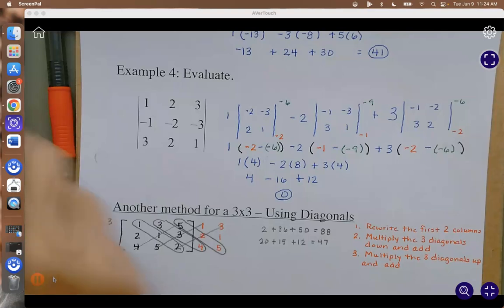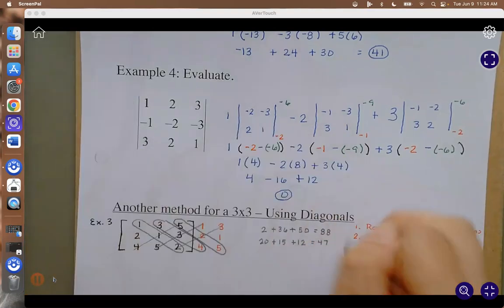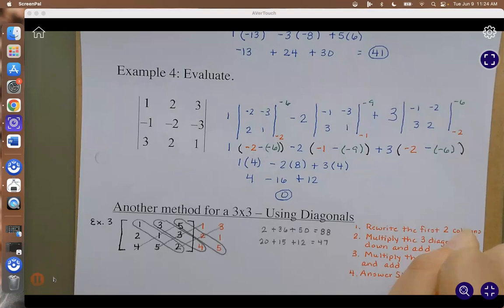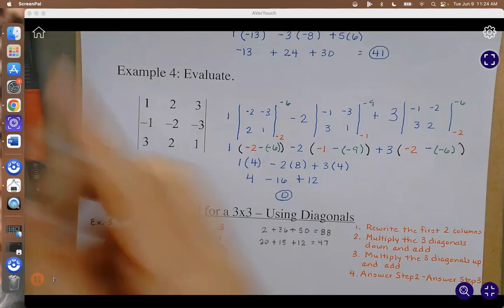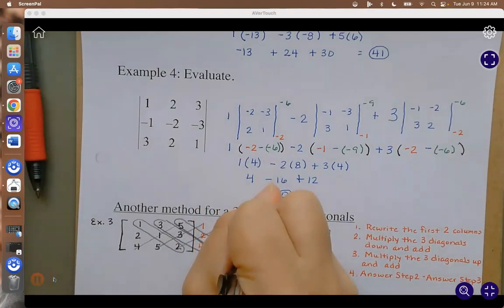Now what did we do before when we got our diagonals down and our diagonals up? We subtracted the down by the up. And that's what we're going to do here. So the answer of step 2 minus answer of step 3. And if we need to, we can label this step 2, step 3.